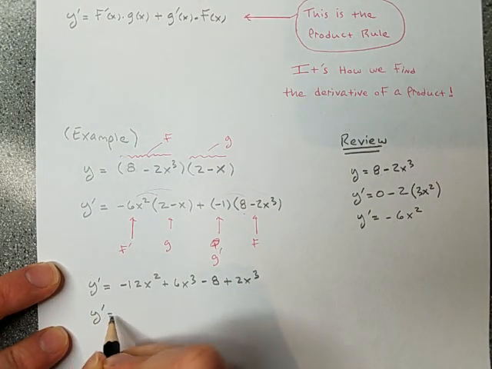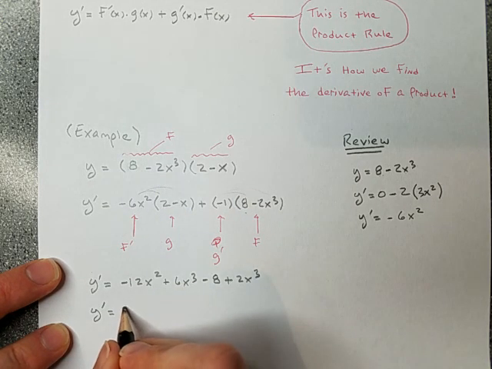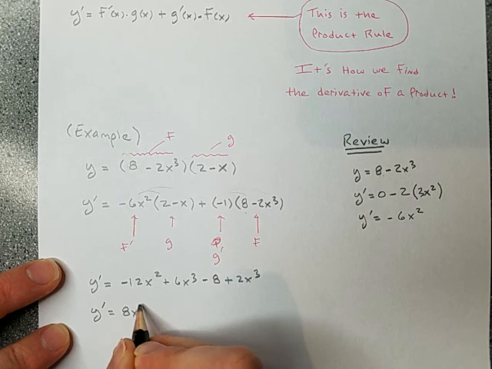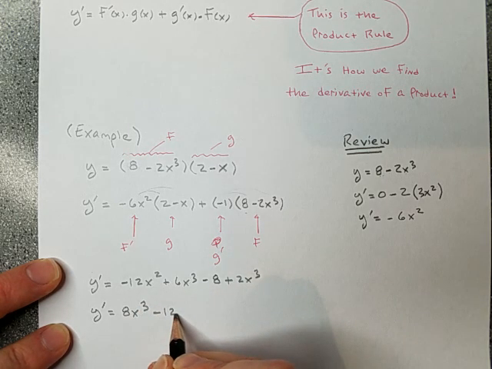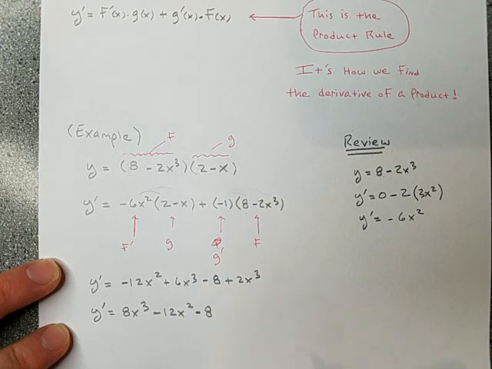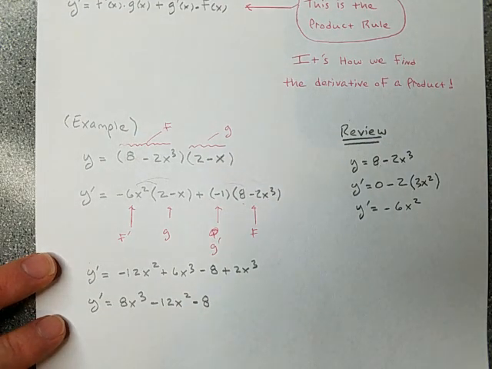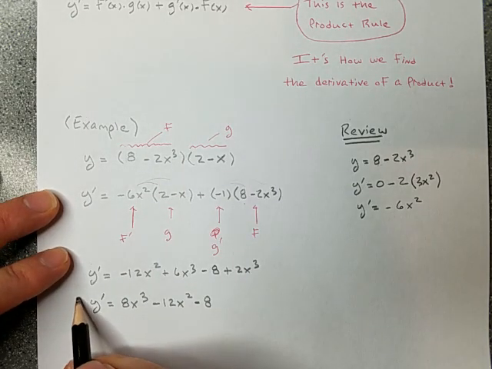And let's see, I get 2, and so 8x to the third power. To combine those like terms, minus 12x squared minus 8. Okay. All right, so that's as reduced as it's going to get.